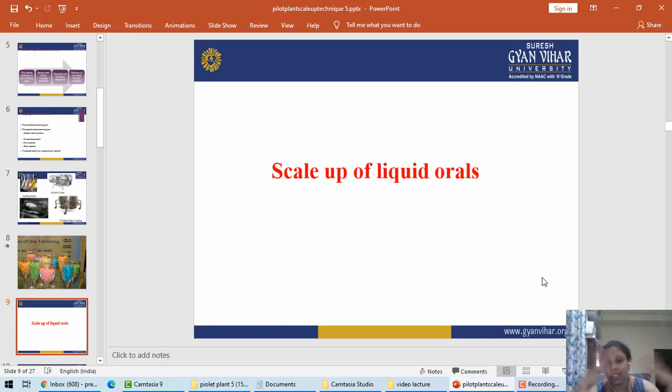If in your exam the question is to write down the scale up considerations of the tablet formulation, you have to write each and every step, like weighing, blending, drying, compression, coating, all the steps. If it is asked about a specific step, then you have to write that specific step. Okay, now scale up of liquid orals.